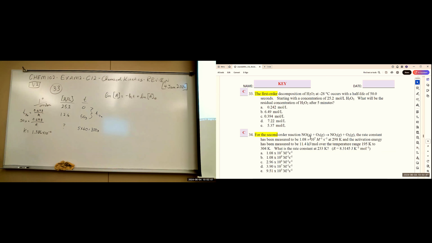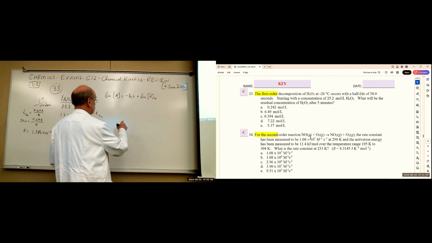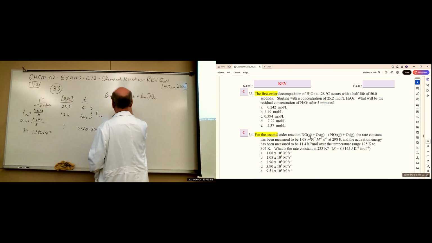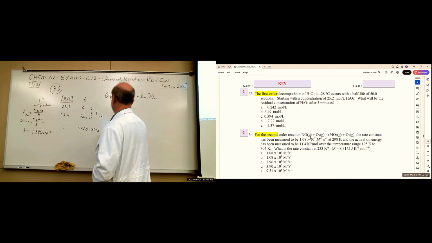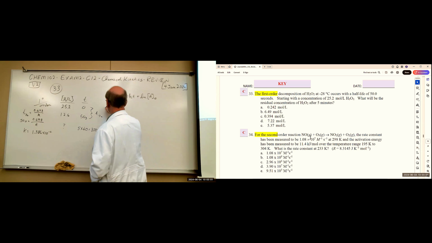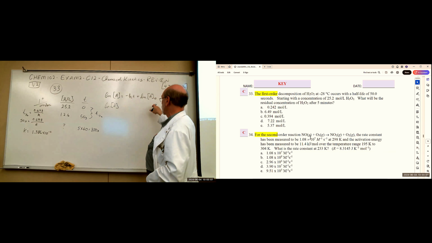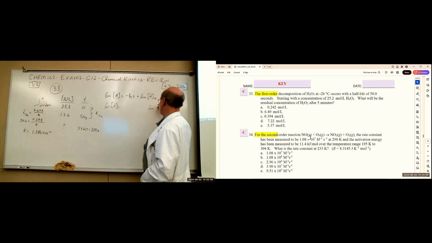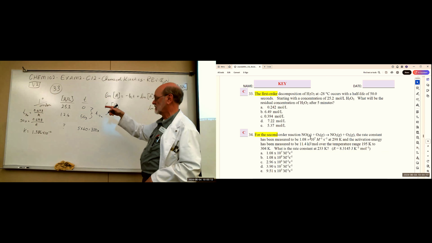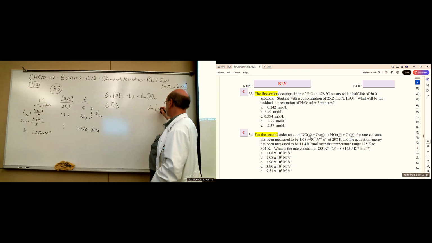Now, we can complete this equation. We want to know the concentration after 300 seconds. So this is an unknown. That's after a certain amount of time. This is our original amount, which was 25.2, right?